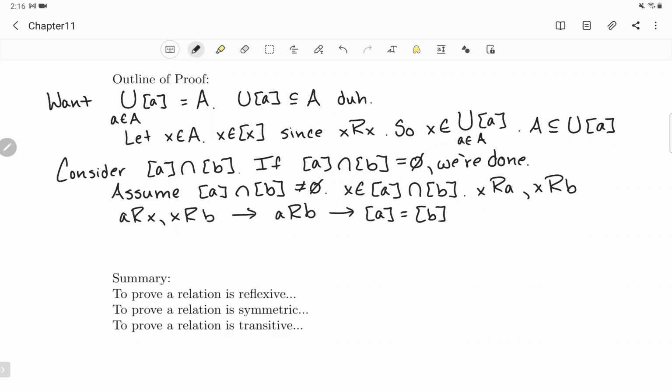So either they have nothing in common or they're the exact same set. That's what we wanted. Pairwise disjoint. Yep.